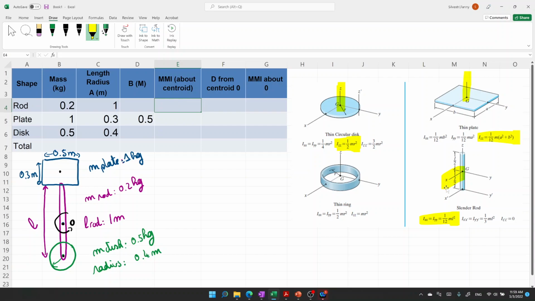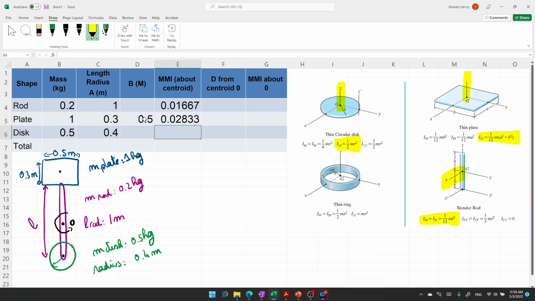So for the rod at G, that's 1/12 of mL square. So I wrote equal 1 divided by 12 times m L square. So m, that's my mass, times my L square. That's my MMI. It will be in kilogram times meter square. For the plate, it's equal to, open parentheses, 1/12, close parentheses, times the mass of the plate, times, open parentheses, A square plus B square.